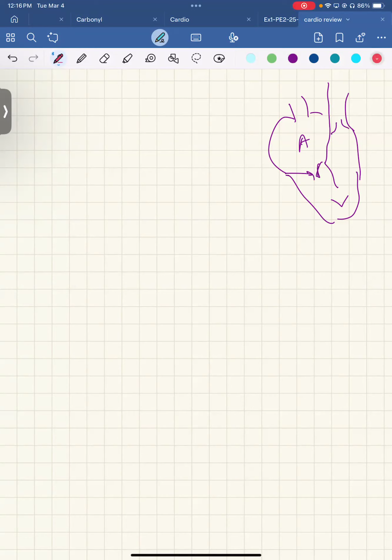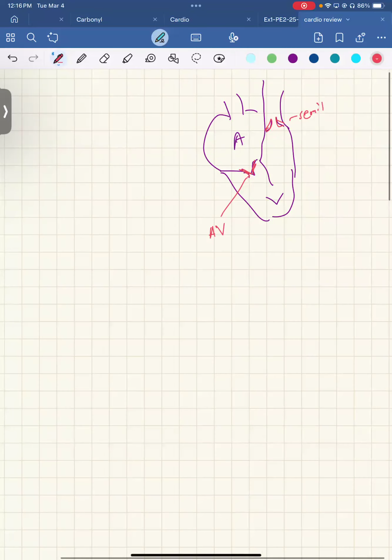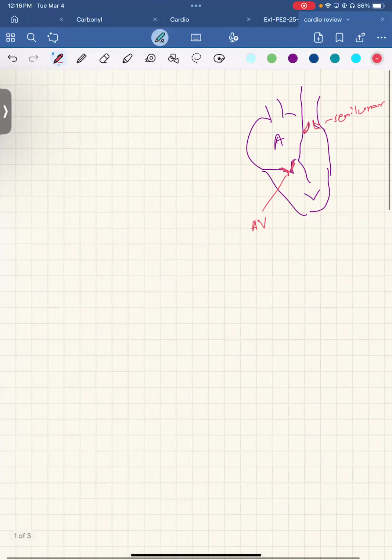It's very badly drawn, but AV valves. And this is your semilunar valves. Both sides have semilunar valves, but the left side is called the aortic valve because it goes into the aorta.